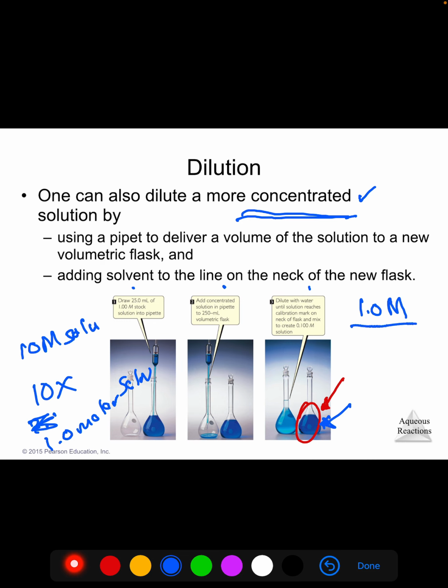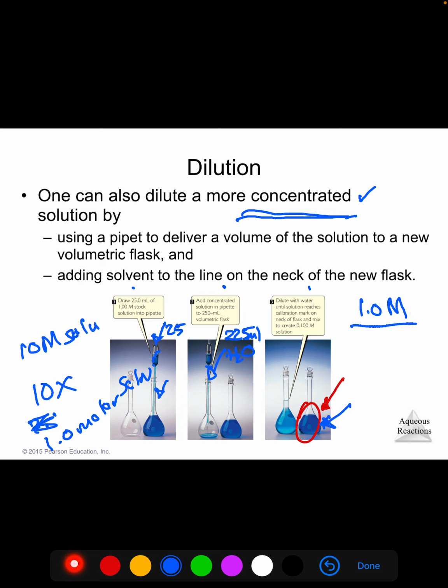Then one thing I can do is take, for example, 25 mLs of this and put it into a total of 250 mLs of water. In other words, mix 25 mLs of this dark blue solution with 225 mLs of water.